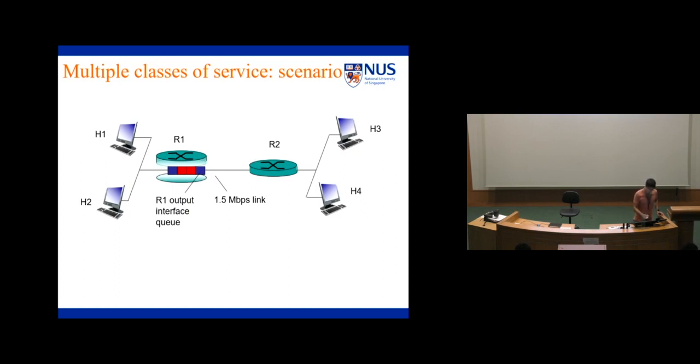But overall, this link between these hosts has limited capacity of 1.5 megabits per second. And therefore, the packets from host 1 and host 2 will have to be queued and buffered in the same R1 router, because the R1 router is serving them both.